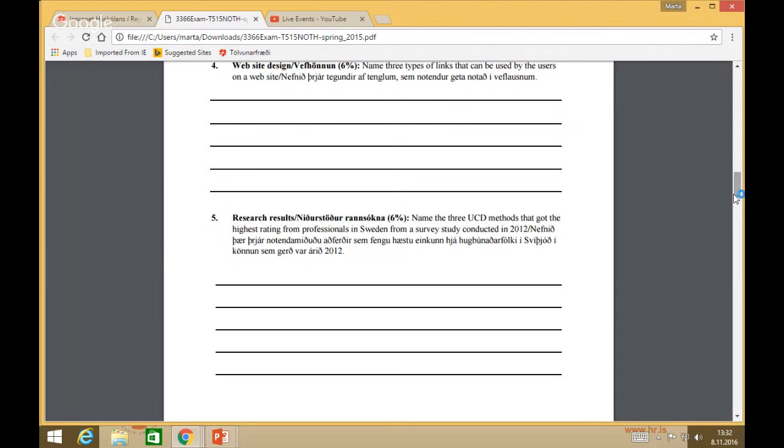And the highest rated method was formal user testing, remember. And they don't use it that frequently, so that was like, okay, they think it's a very good method but they don't use it frequently. Why is this? It's because they don't think they have time or money, and they think it's hard.